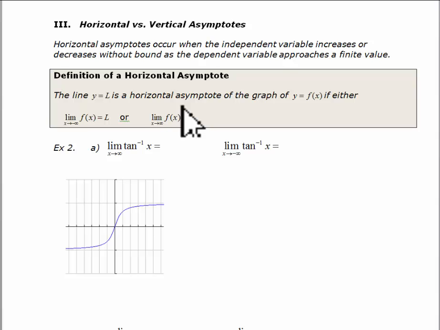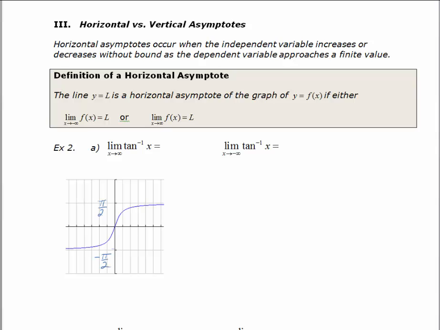So the first example I want to look at here is the graph of the inverse tangent of x. And again, you should have refreshed your memory about the inverse tangent graph. You should be able to graph that by hand. And if you did, you'd know that the value right here is pi over 2, and this value right here is negative pi over 2.